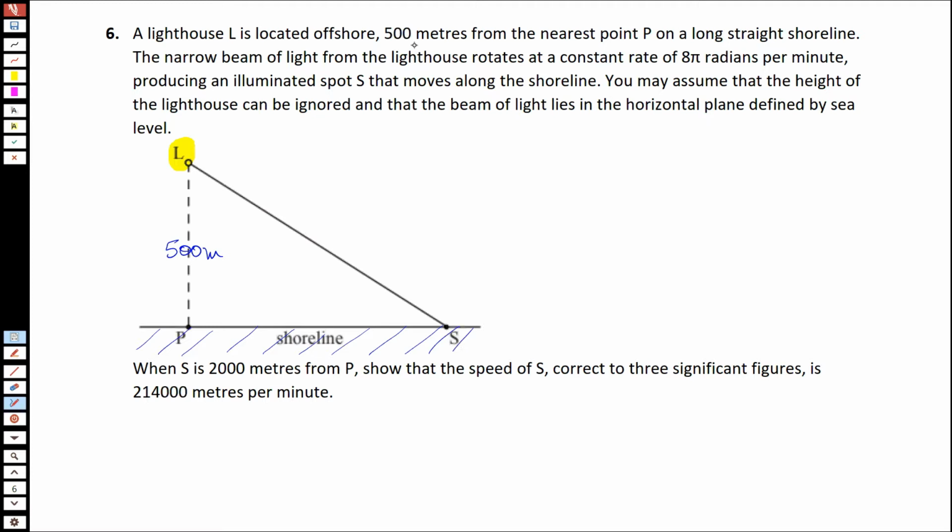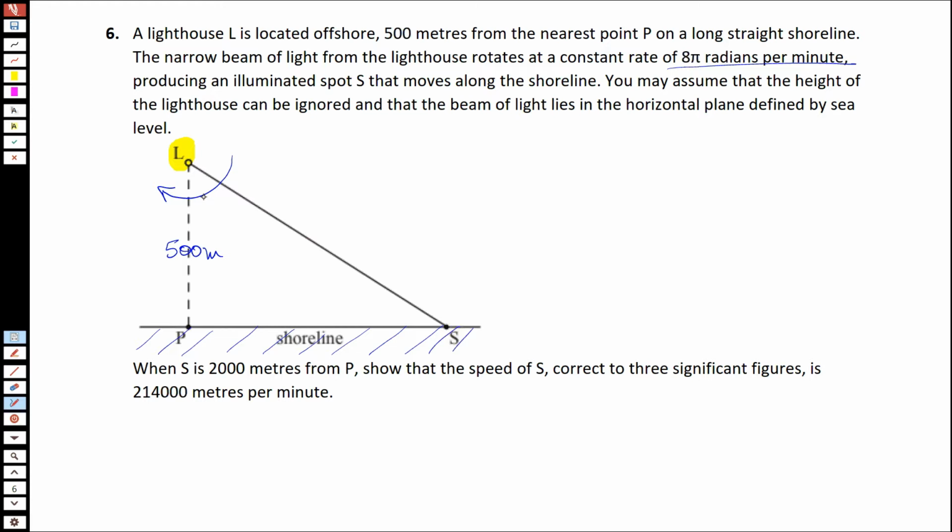So the narrow beam of light from the lighthouse, this is the narrow beam, and of course, this is the lighthouse. So the beam is right here. The narrow beam of light from the lighthouse rotates at a constant rate of 8 pi radians per minute, going like that.